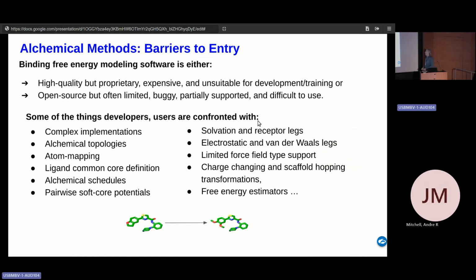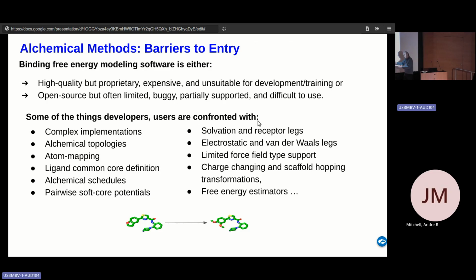So one way to think about why alchemical transfer exists: it was an effort to remove some of the complexity of free energy calculation done in drug discovery. There is a zoo of things that people have to learn: chemical topologies, atom mapping, core, variable, soft core, alchemical schedule. Well, we fix that. And then the calculation is done in multiple legs.